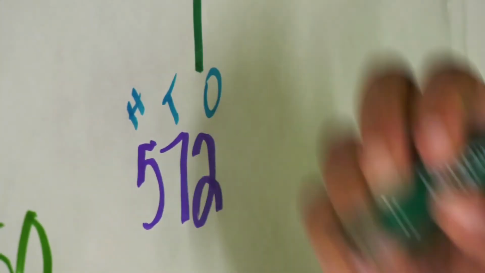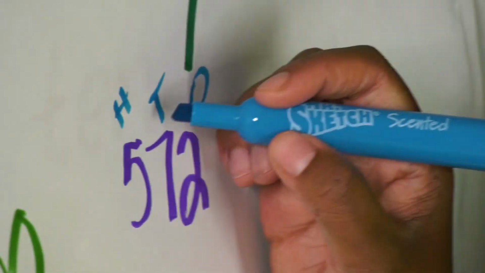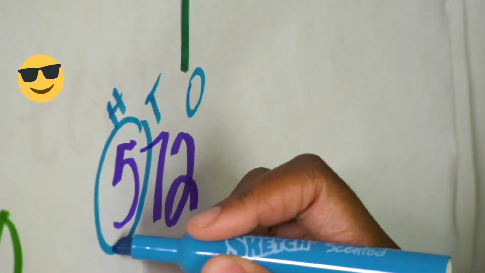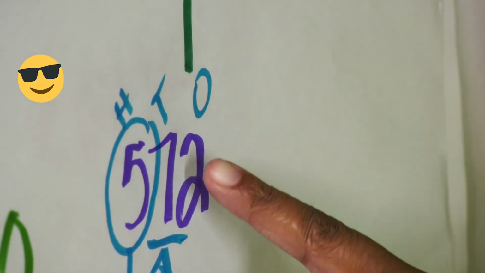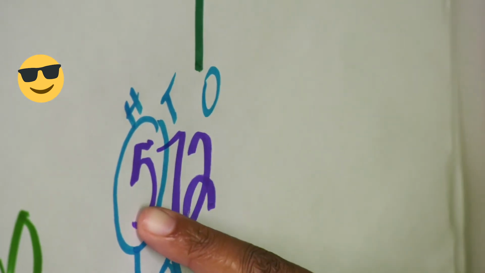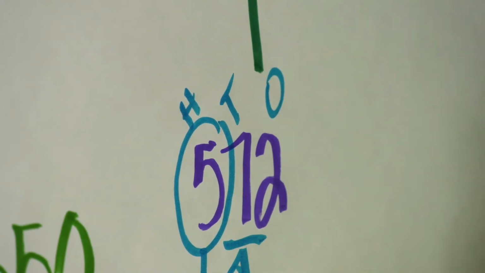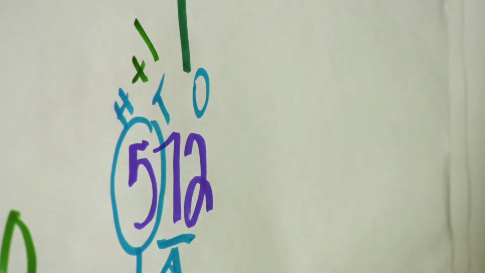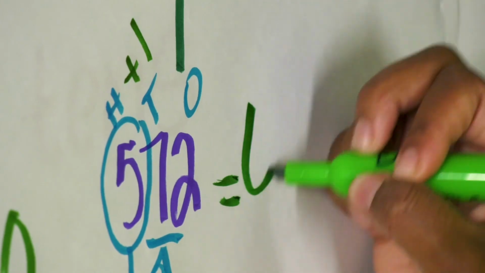Let's see, if we rounded 572 to the nearest 100, we wrap: find the place value 100, circle that digit 5, move to the right, underline the 7. What does the 7 tell us to do to the 5? The 7 is on the right hand side of our triangle, so we're going to add 1. 5 plus 1 equals 6.